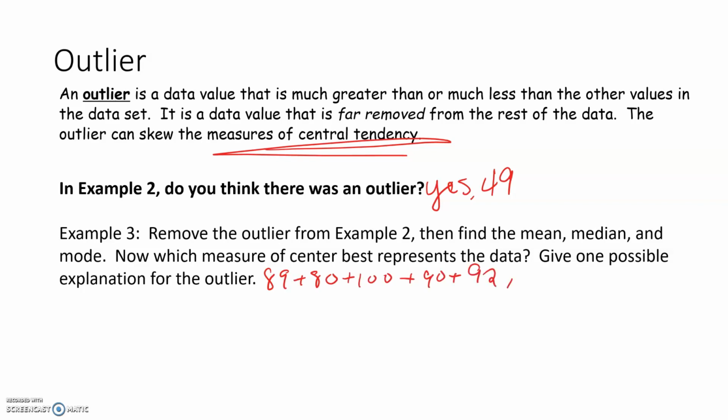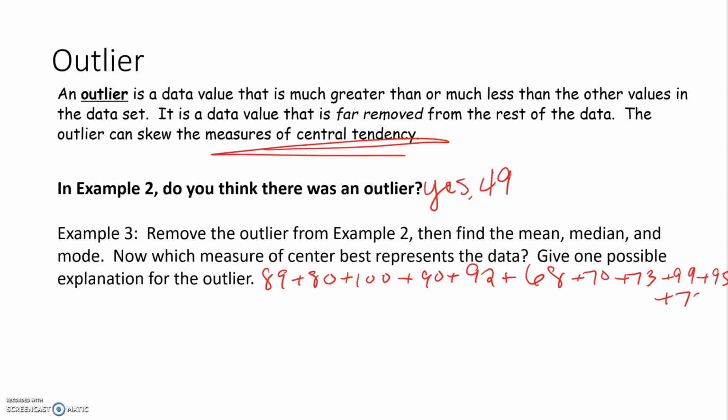Remember, I just skipped over that 49. I don't want it in there anymore. Plus 68 plus 70 plus 73 plus 99 plus 95 plus 73. And then I'm going to divide that. This time I only have 11 terms, so my mean is now 84.5. Okay, so before it was 81, now it's 84.5.